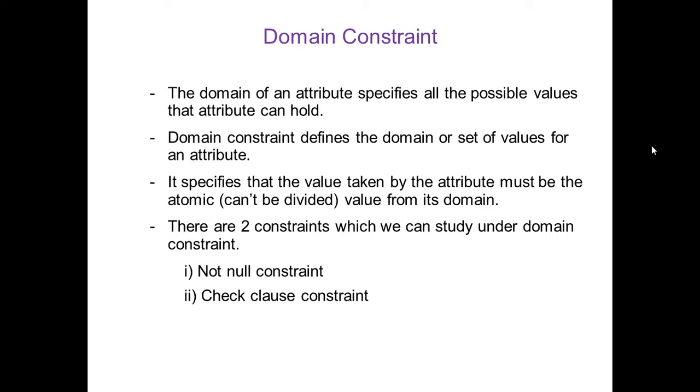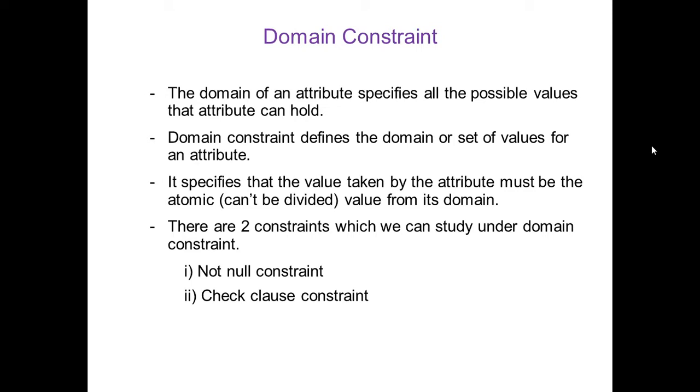So the domain will be what? The possible, the permitted or the inserted values for that particular column. For example, suppose in the student table for the name attribute you have entered the names of the students. Then the domain of that name will be all the values which are inserted for the name attribute.